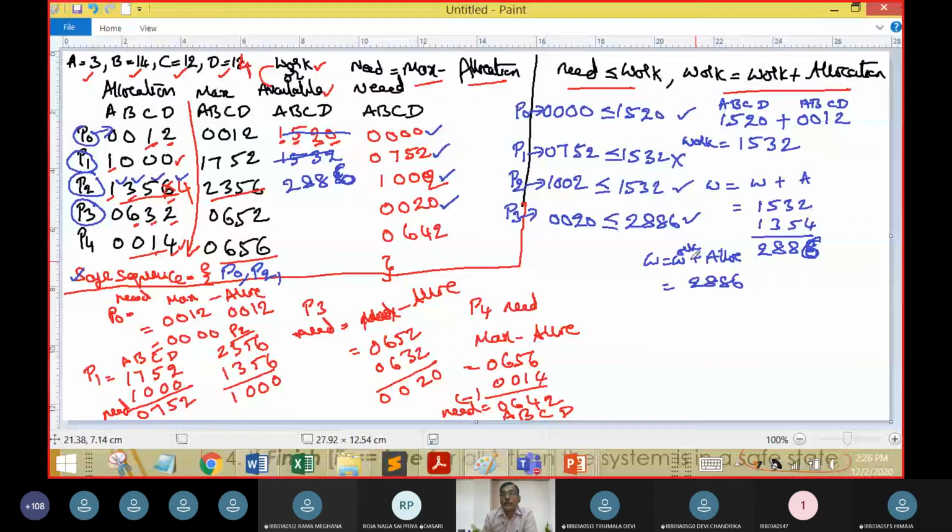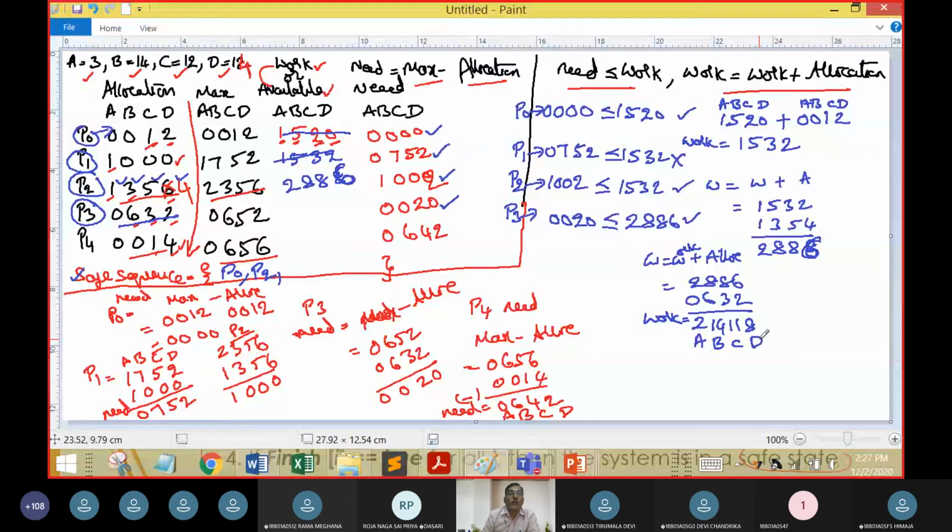So now I'm going to get the new refined work, that is 2 instances of A, 14 instances of B, and 8 plus 3 is 11 instances of C, and 6 plus 2 is 8 instances of D. So this is the new value here.